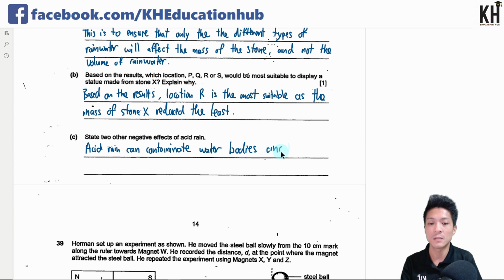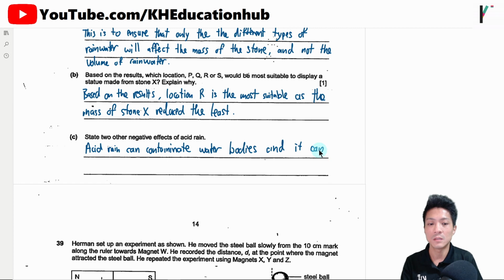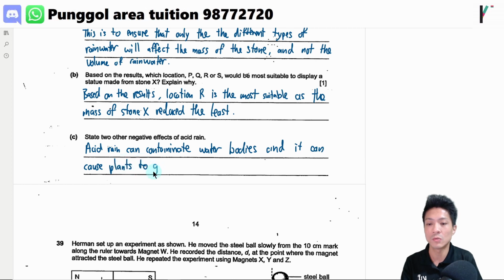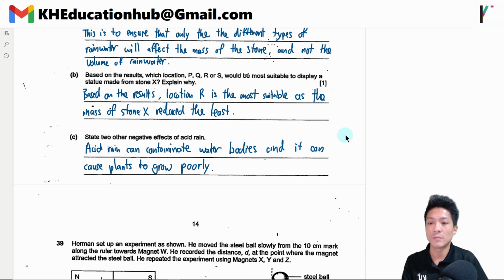And it can cause plants to grow poorly, because plants do not grow well on acidic soil.